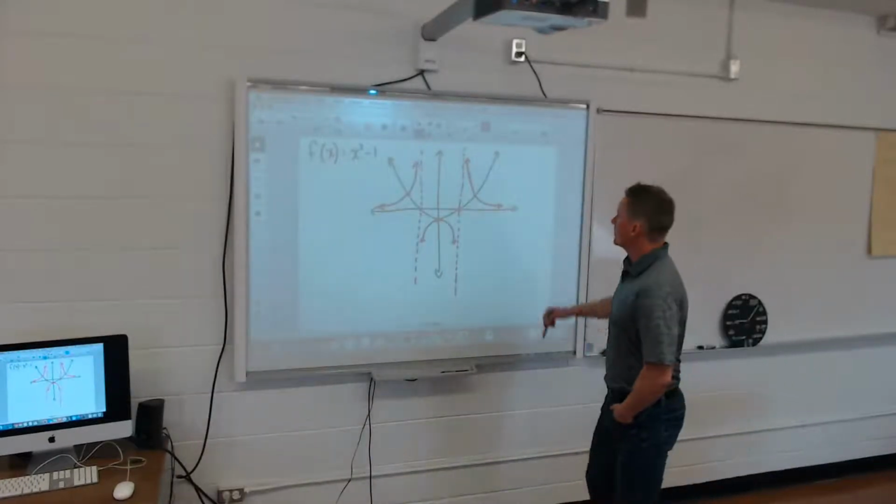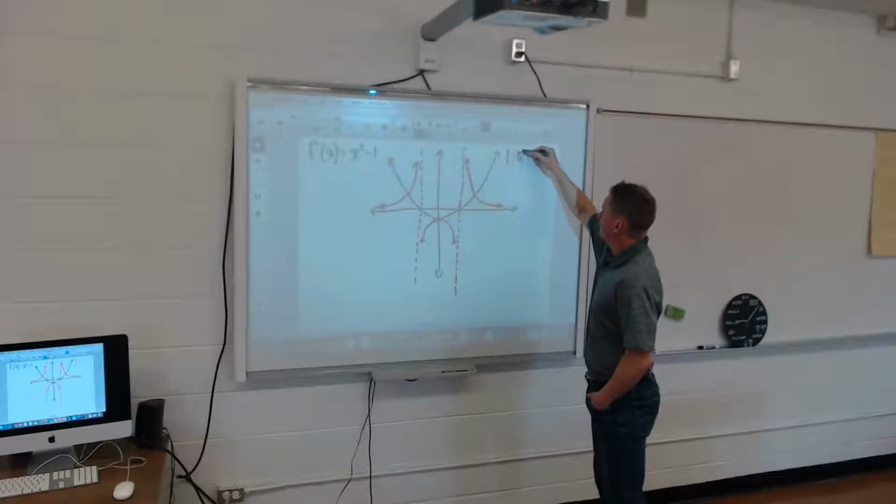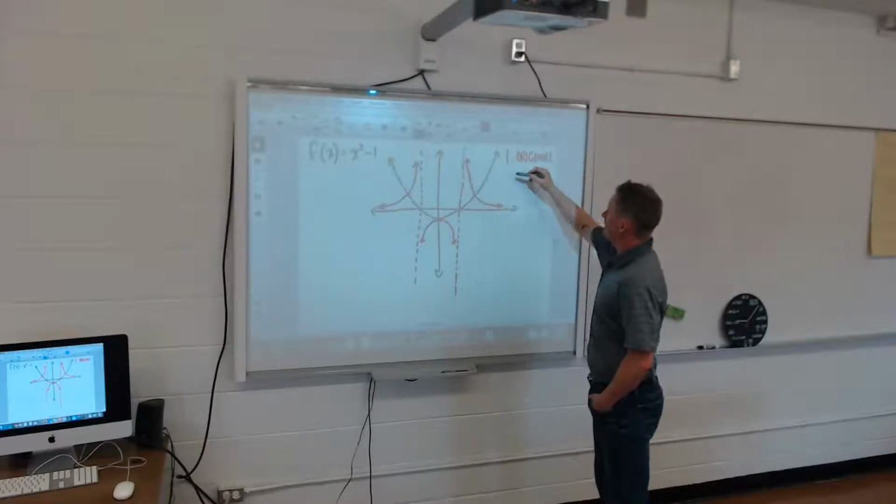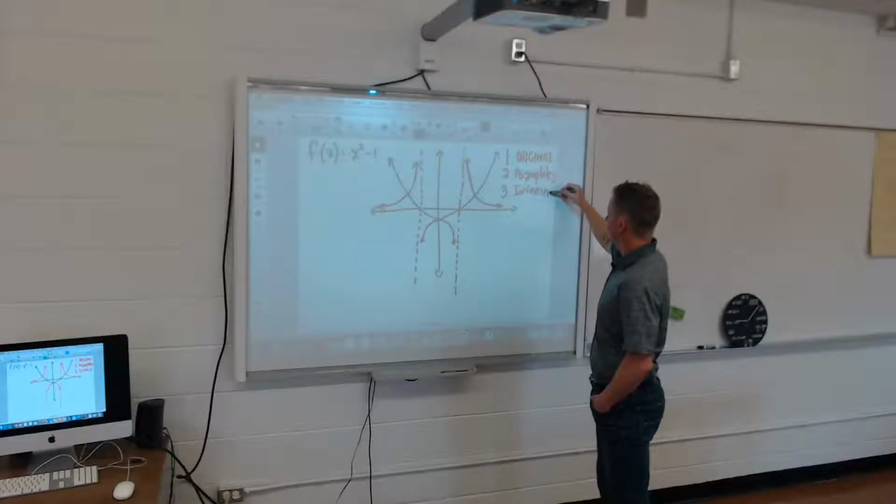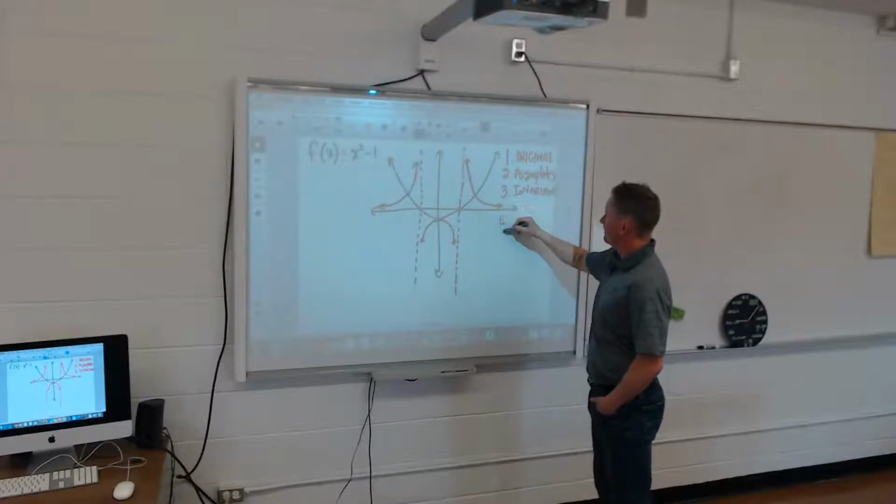All right. So I graph the original. I mark off my vertical asymptotes, my invariant points, and my shape or my sketch.